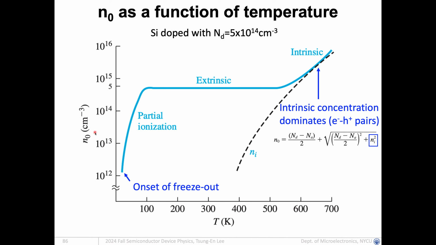So the carrier concentration as a function of temperature has three regions: first the onset, partial ionization, complete ionization for the extrinsic semiconductor, then the intrinsic carrier concentration will overcome it. It will be much larger than the extrinsic semiconductor's complete ionization concentration.